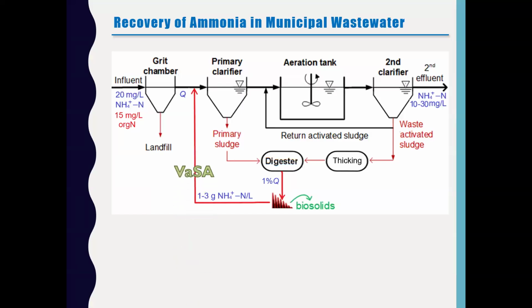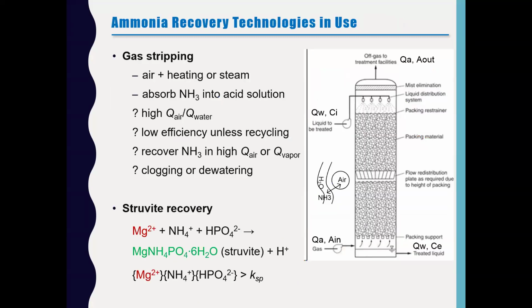The technology for ammonia recovery is largely still in development, and VESA is one of the early innovations. Currently, there is one technology for ammonia recovery in full-scale application: gas stripping.